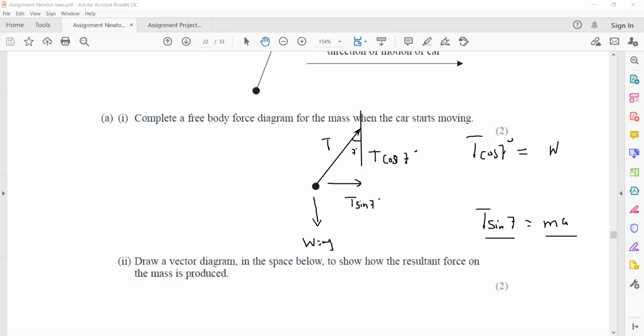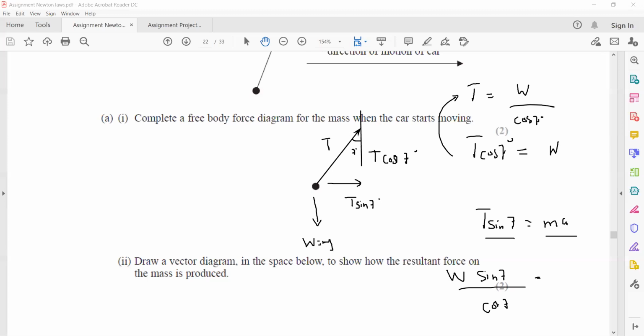And about the T, we can first find the value of T, or we can also substitute. From this equation I can use T equals W divided by cos 7. So in place of T, if I substitute W divided by cos 7, this will be W and cos 7.